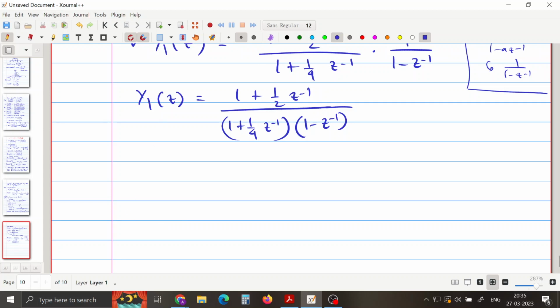I think that would give us the solution in fewer steps. So you can try that. Here you can use partial fractions.